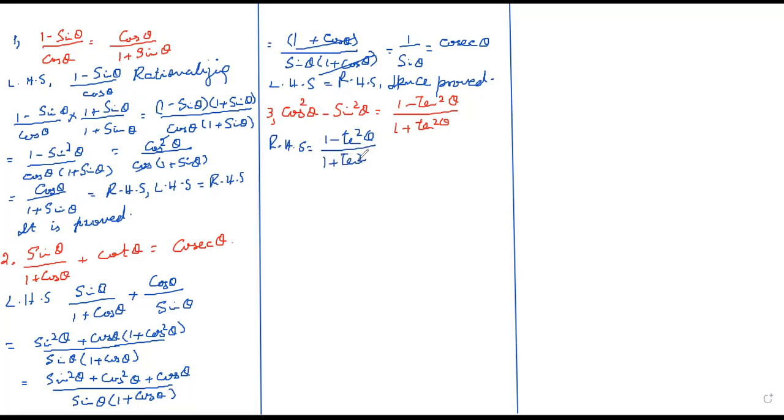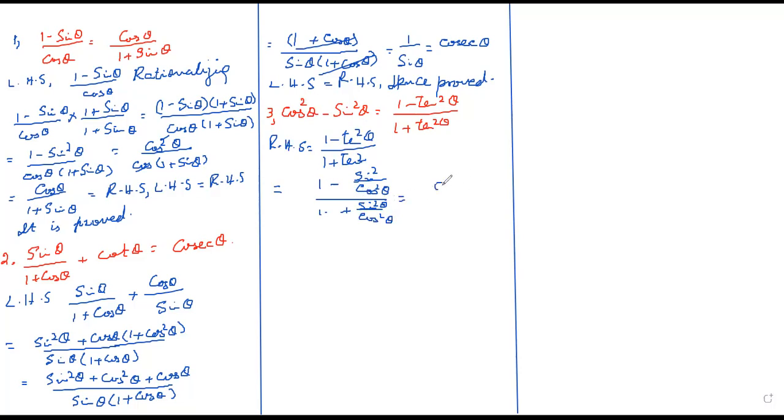Okay, so now tangent theta is equal to sine theta over cosine theta. So it means that this may be written as (1 minus sine square theta over cosine square theta) divided by (1 plus sine square theta over cosine square theta), which is equal to, now multiply these two.